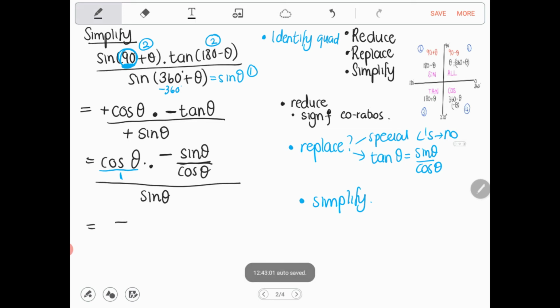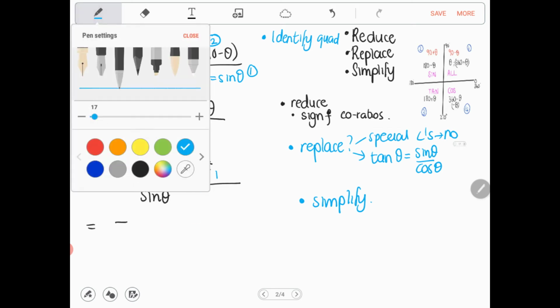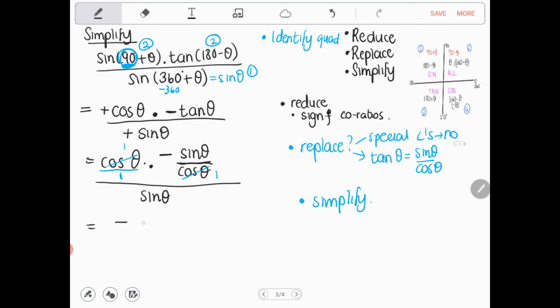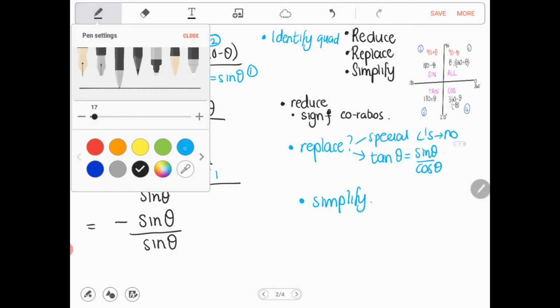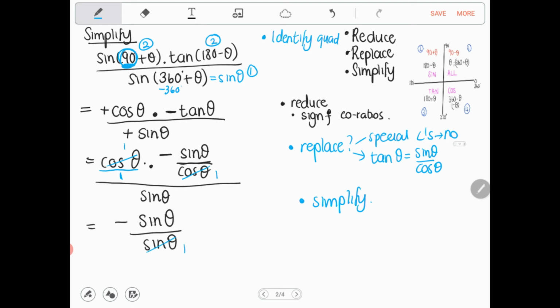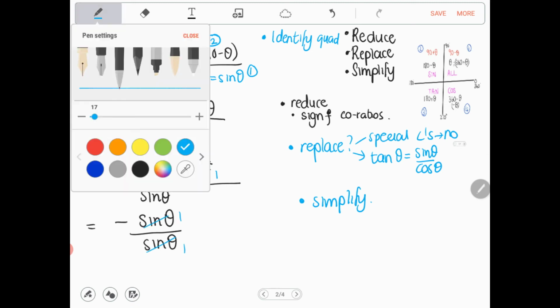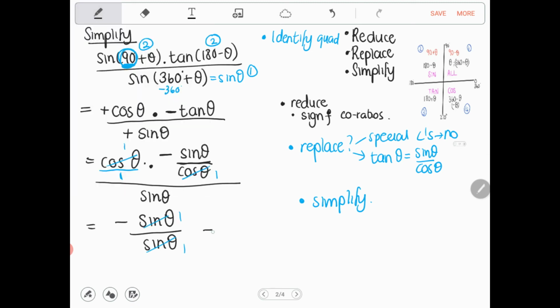And then the cos would be that one at the bottom, because this is one term, and one term would cancel with that one there. Okay, so what am I left with? I simplified the numerator and I got negative sine theta. What do I have at the bottom? Sine theta. And now this is also one term over one term, so I can cancel sine theta into there once and once. So I'm left with negative 1 over 1, which is negative 1.